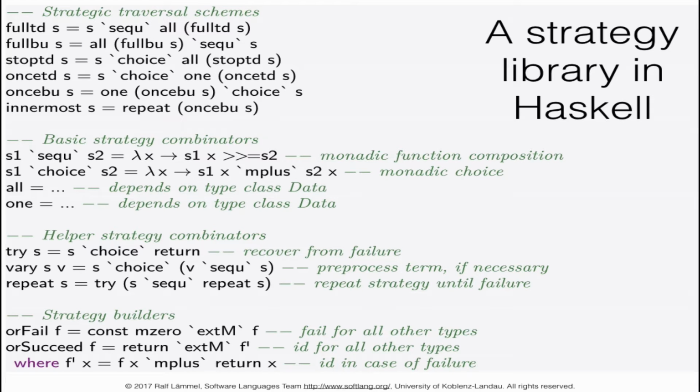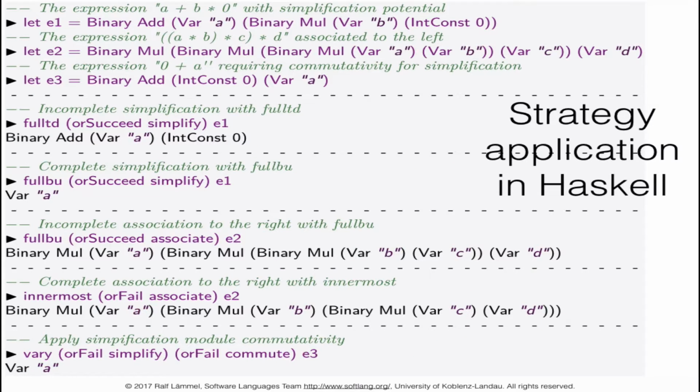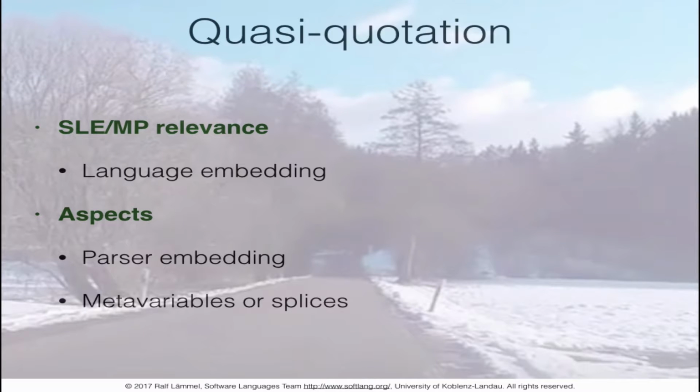But let's not get too much into detail. So basically we can develop a full library of traversal strategies in Haskell, and by this we can pick normalization strategies, and by this we can apply simplify in many different ways, and we can perform normalization as we see fit.